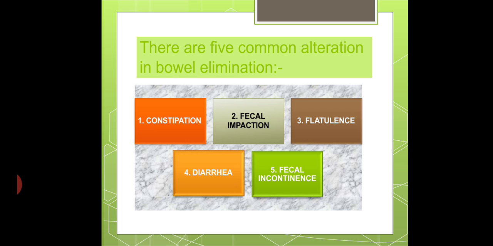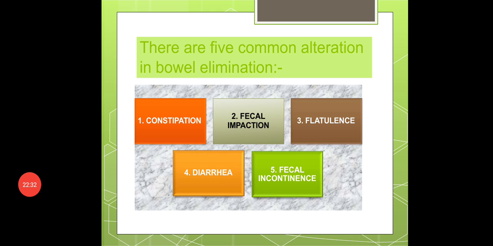As you are seeing, the first is constipation, then fecal impaction, flatulence, diarrhea, and fecal incontinence. These are very important, and we also have to see the treatment for these. Very shortly we'll see the treatment for this.